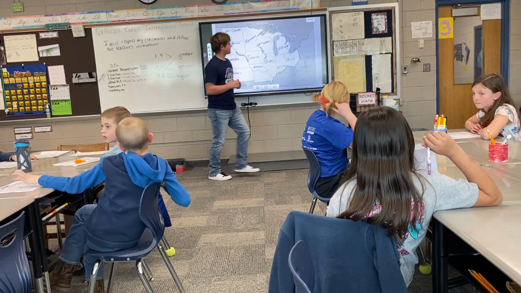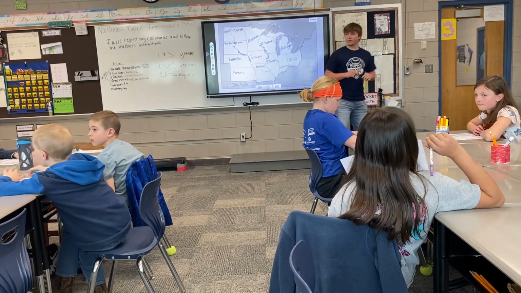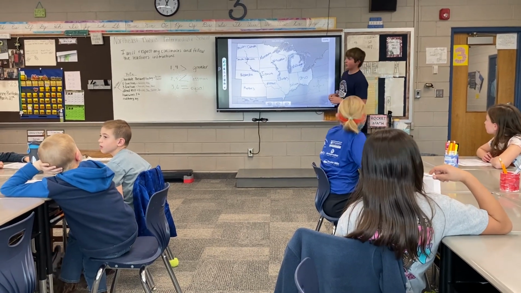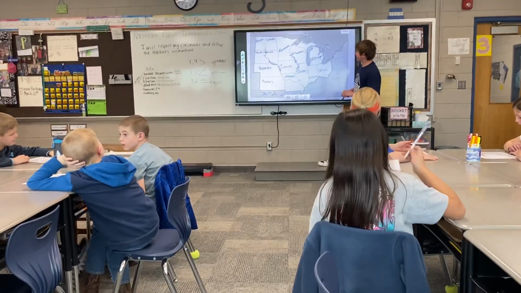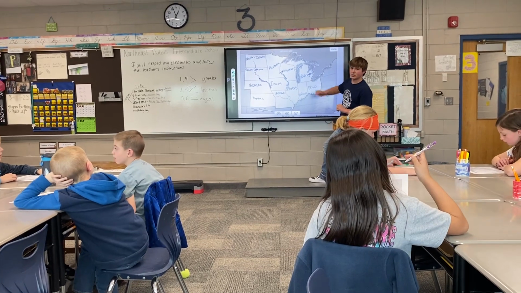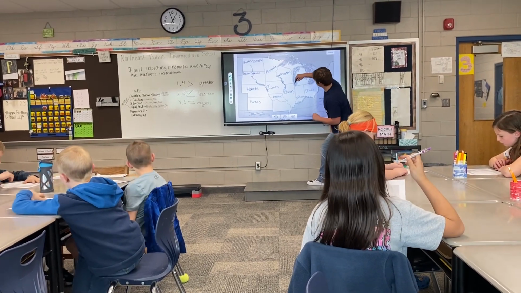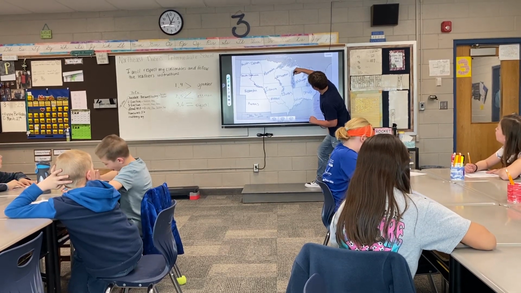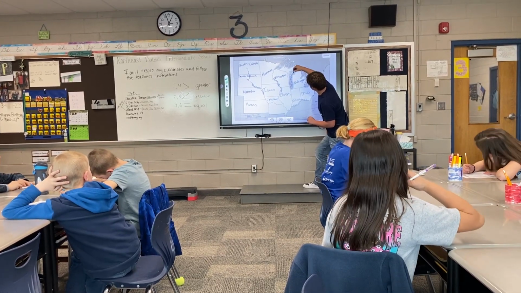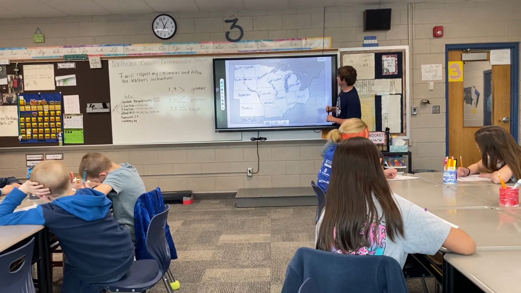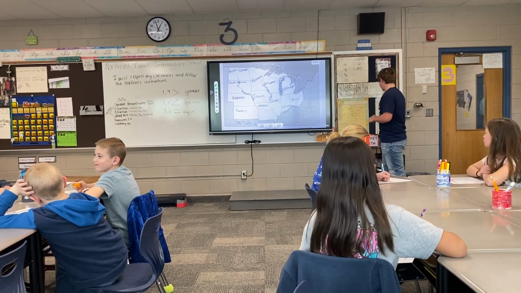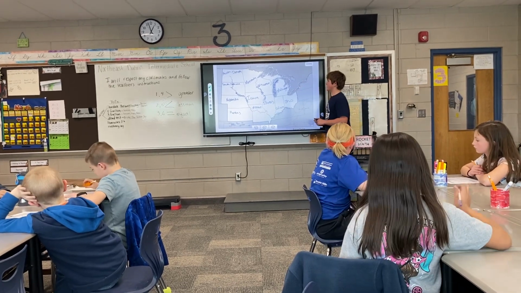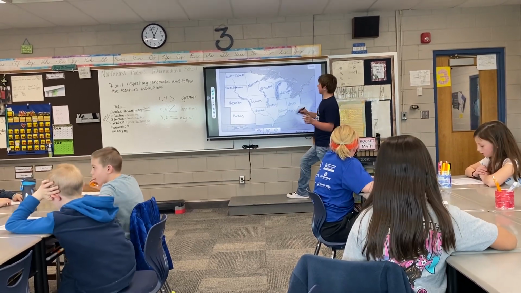So let's go over the Great Lakes of the Midwest. Let's start with the one we're all pretty familiar with. It touches Indiana. So which one is this? Lake Michigan. And then by Lake Michigan, this Great Lake is called Lake Huron.